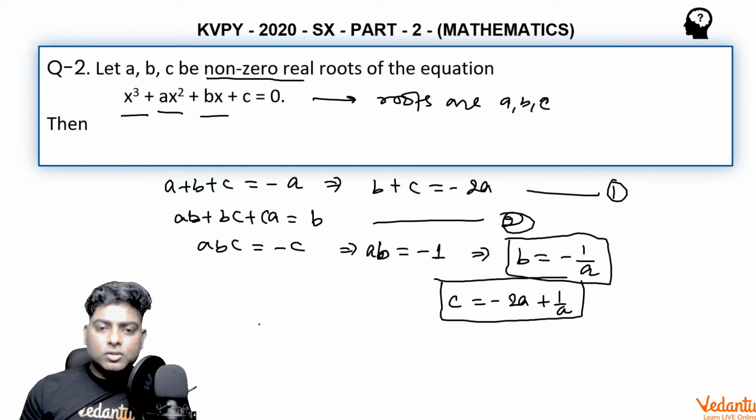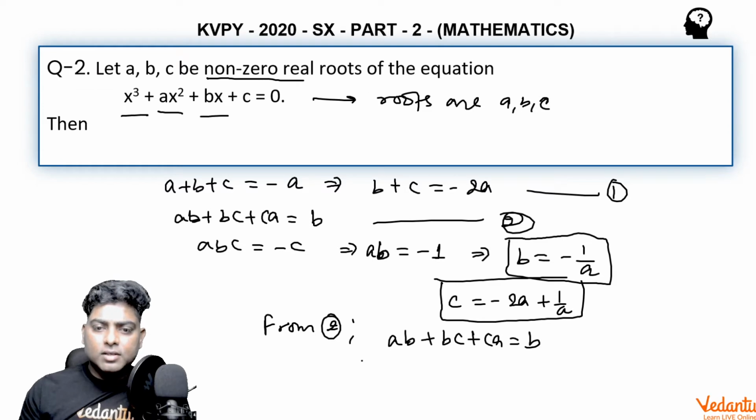If I use relation 2, I'll get ab, that is ab is minus 1 now. Okay, I'm writing it again: ab plus bc plus ca is equal to b.